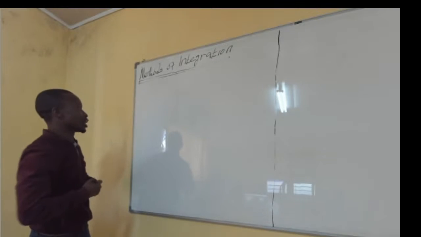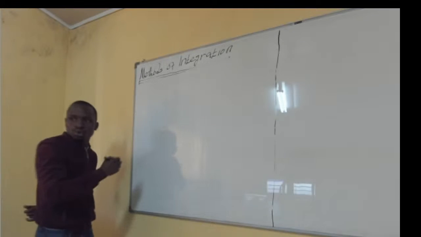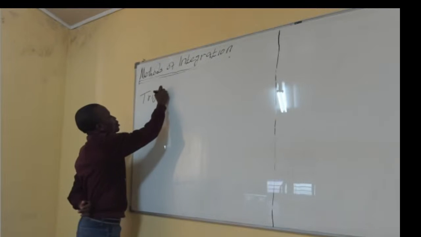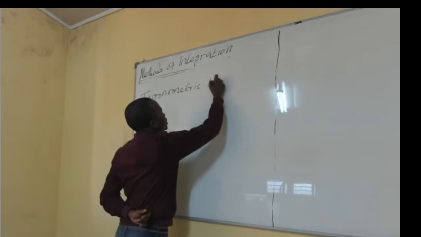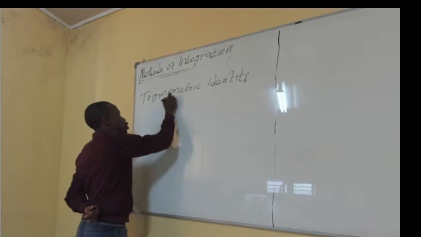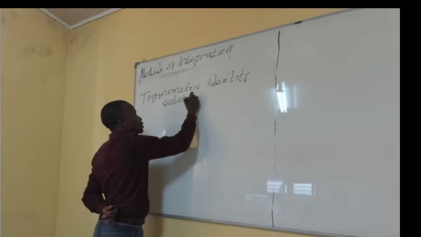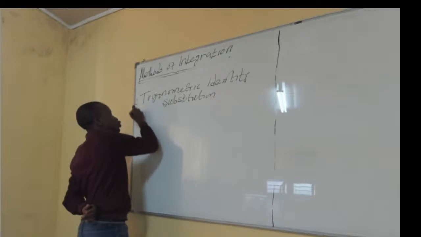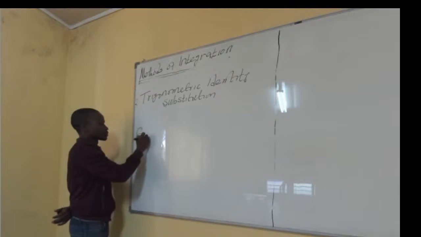So the next example I'm looking at is a situation where we use the trigonometric identity substitution. You use the identities. Okay, let's look at example number 20.